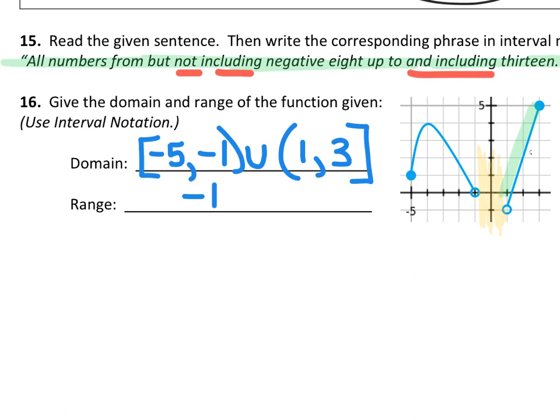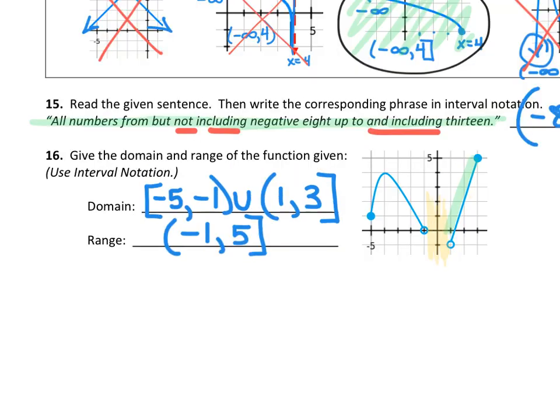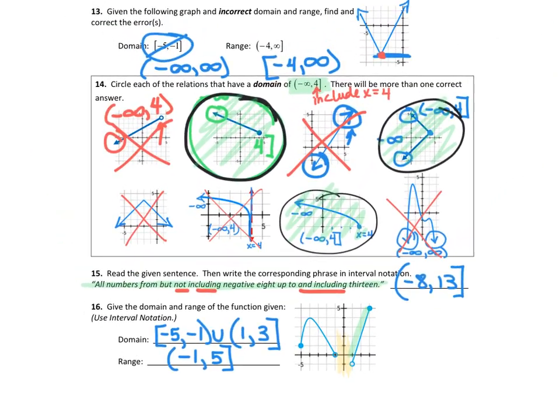You're not missing any y values. And so from -1 to +5 is all one interval. Round parentheses around the -1 because there's no y equals -1. It's an open circle. And then a square bracket at +5 because the graph touches y equals 5, and so y equals 5 is included in the range of y values.